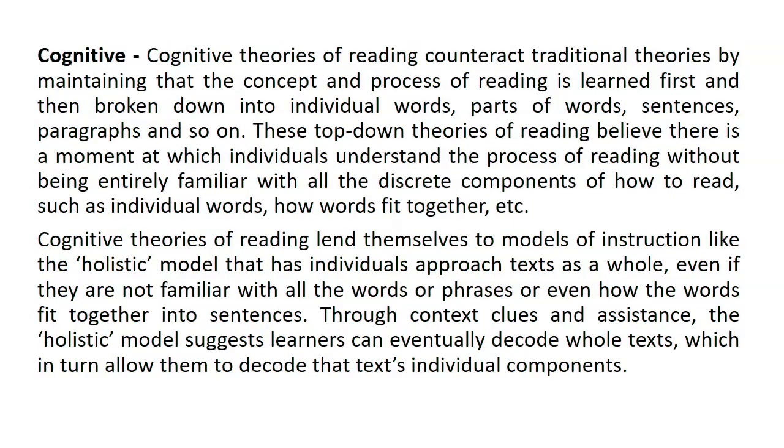So the cognitive theory, on the other hand, is more about an individual seeing a piece of information, a piece of writing, so literature, and then they will understand it or read it as a whole, and then they'll break it down. So this is basically a top-down approach, and it is basically the complete opposite of your traditional theory.